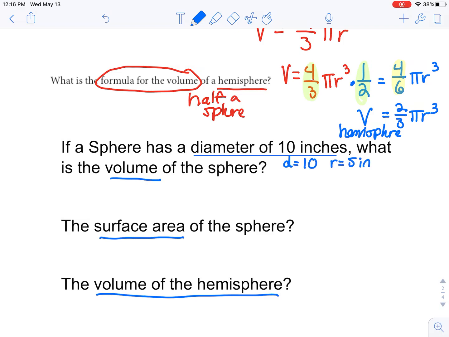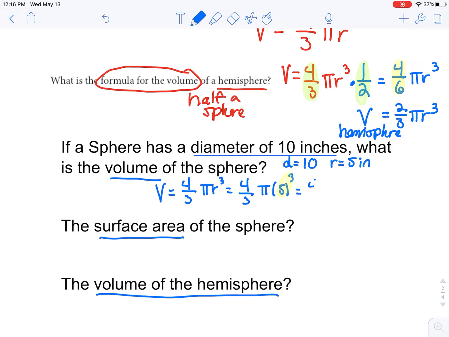Okay, keep in mind if the diameter is 10 inches, then we know that the radius will be half of that, or 5 inches. For the volume of the sphere, our formula is 4/3 pi r cubed. We'll plug in that radius of 5, and then we can do some simplifying.